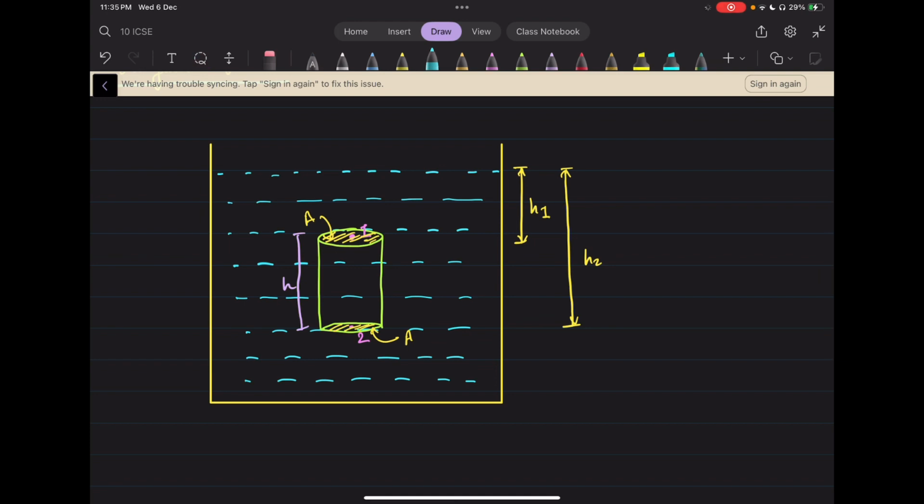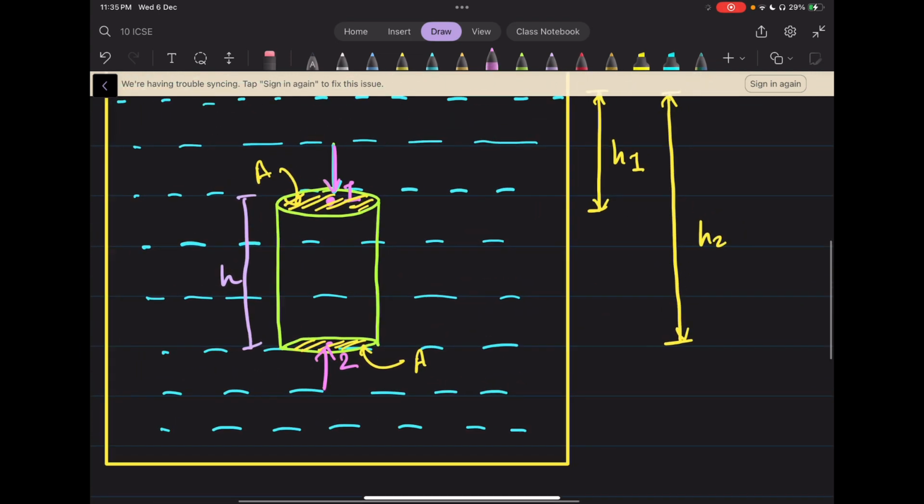So I need to calculate the force exerted by the fluid on the top surface and bottom surface of the cylinder. What about the curved surface? This is the pressure P1 and due to that, force F1. The same force will act from the opposite side. This is F1 dash, and this is due to pressure P1.